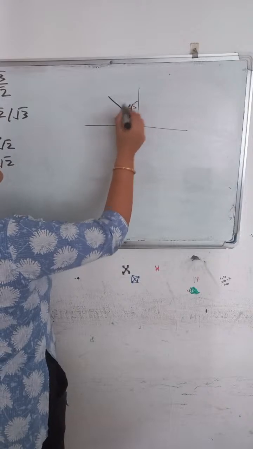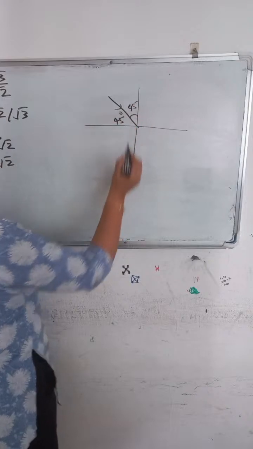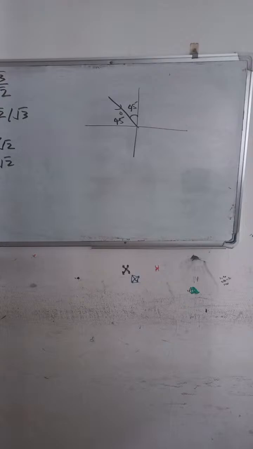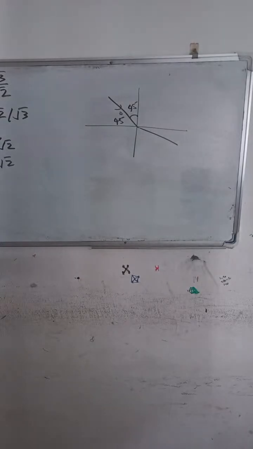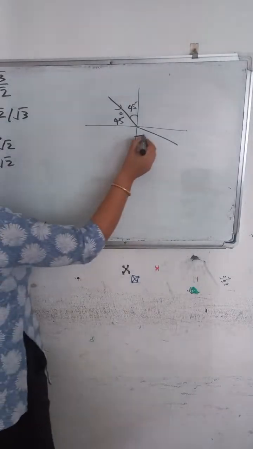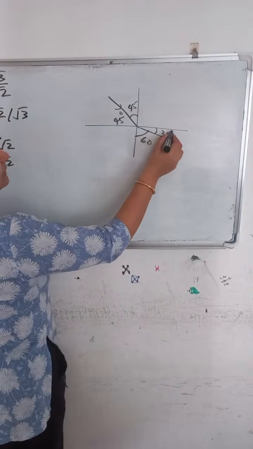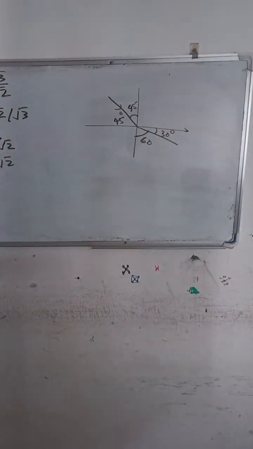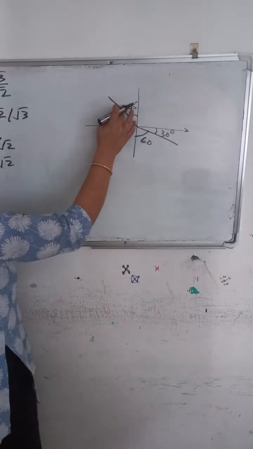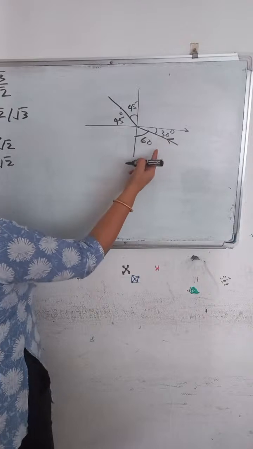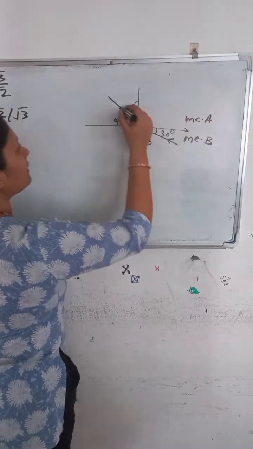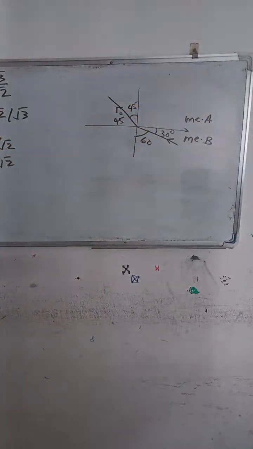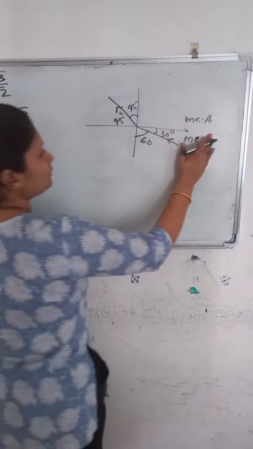This is 45, this is also 45 degrees, incident ray, and it is refracted. Then here this is given 60, this is given 30. Observation is a must here. So the ray of light is traveling from, this is medium B, this is medium A. So the ray of light is traveling from A to B only.